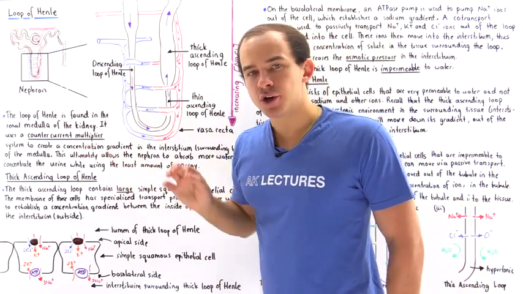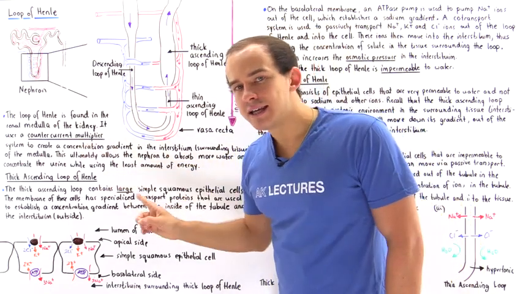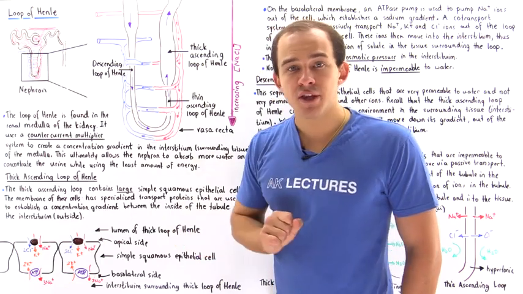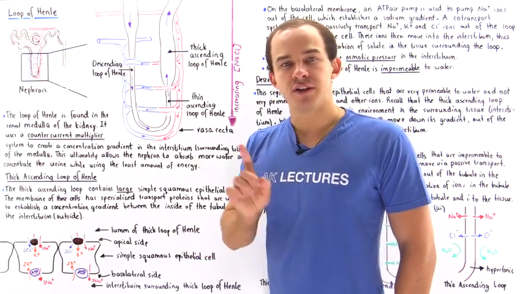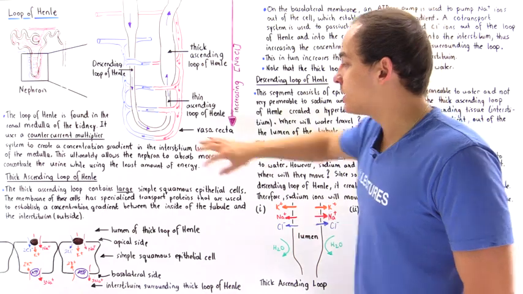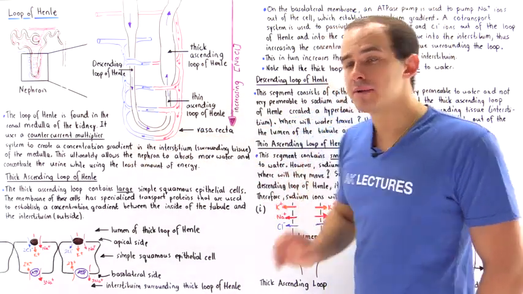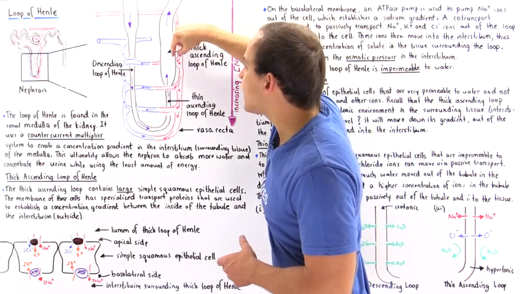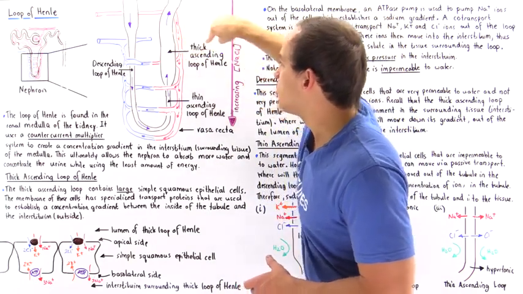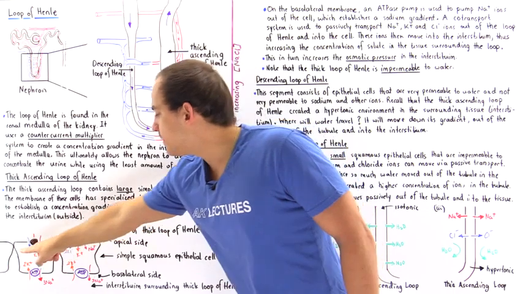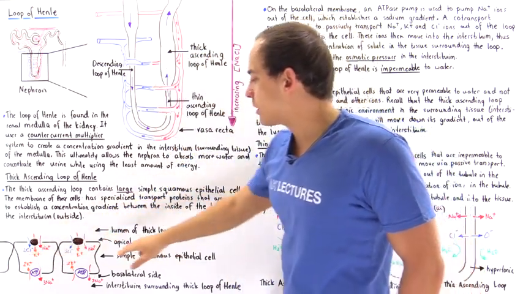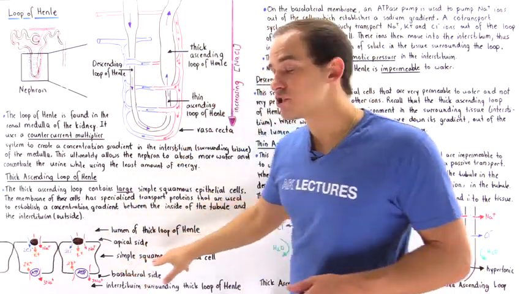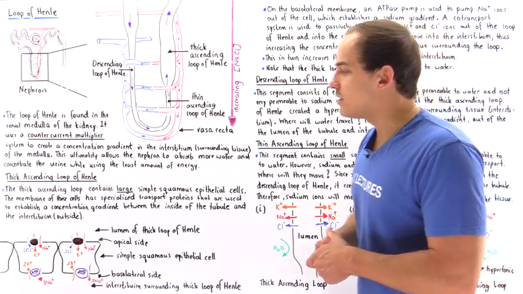Now, as I mentioned earlier, the thick ascending loop of Henle contains epithelial cells that are relatively thick, relatively large. It contains large, simple squamous epithelial cells. Now, if we take a small section of our thick ascending loop of Henle, we basically get the following diagram. So these are the large, simple squamous epithelial cells.